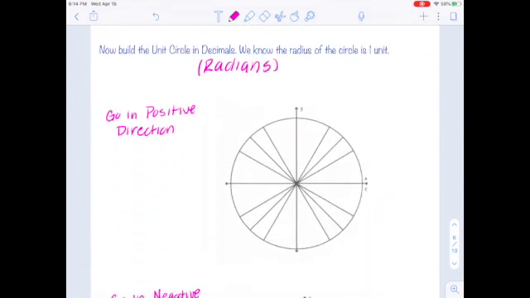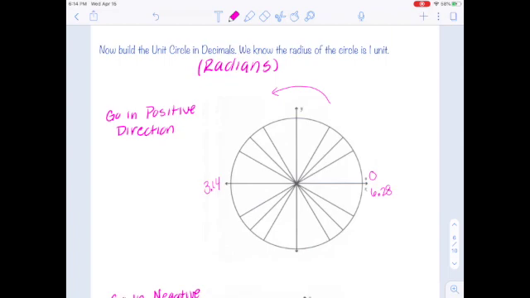That brings up a little bit more about our unit circle because we can now build our unit circle in decimals, which are radians. We can go in a positive direction or in a negative direction. So starting off in the positive direction, you've got 0 all the way around your unit circle, 2 pi. Enter 2 pi into your calculator and round it, 6.28.